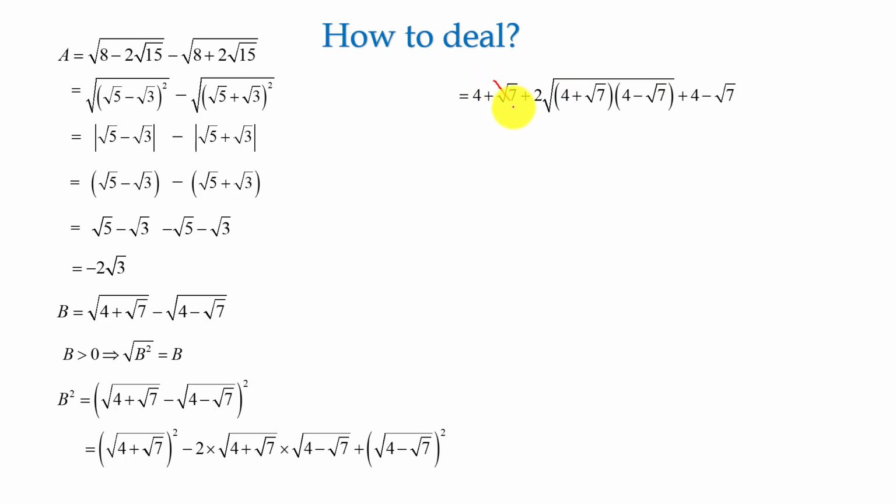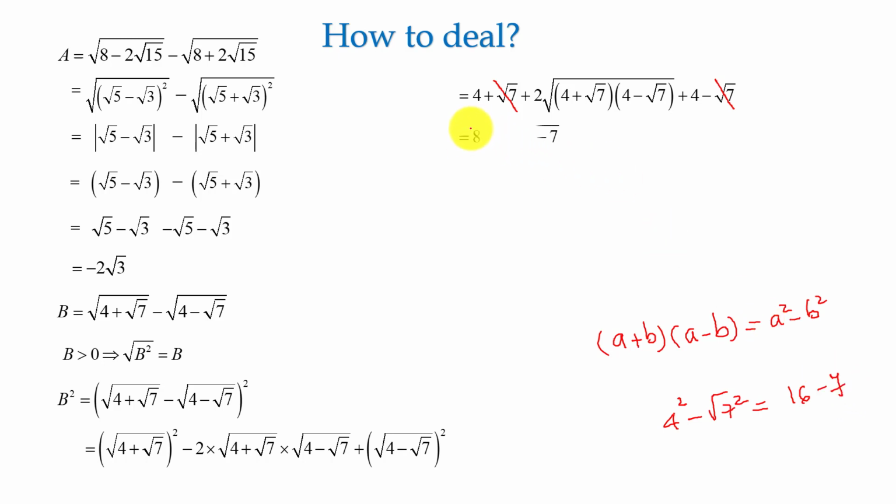And this square root 7 we can cancel with square root 7, and we use (a plus b)(a minus b) equals a squared minus b squared. So we can write 4 squared minus square root 7 squared, which equals 16 minus 7.